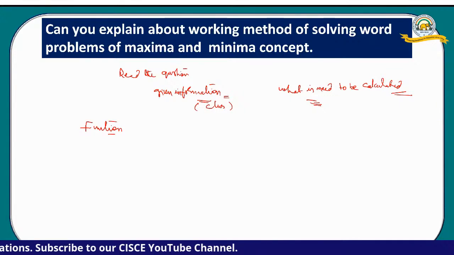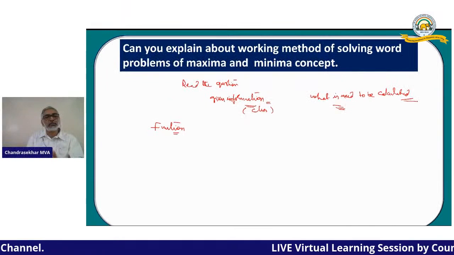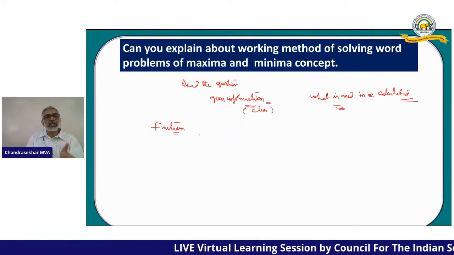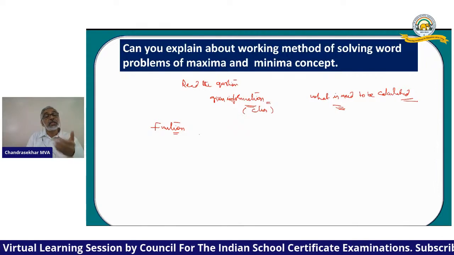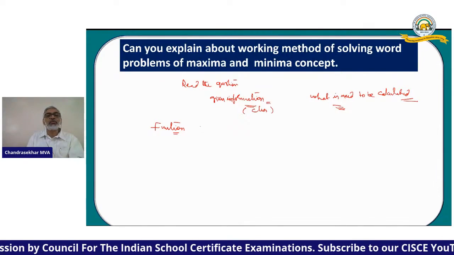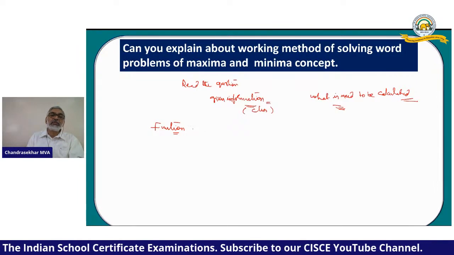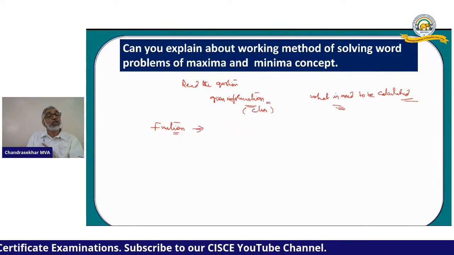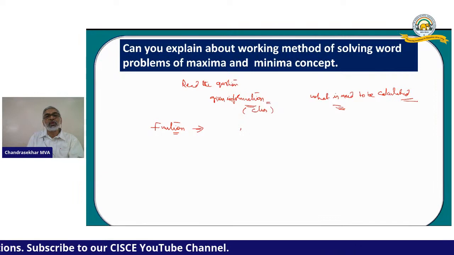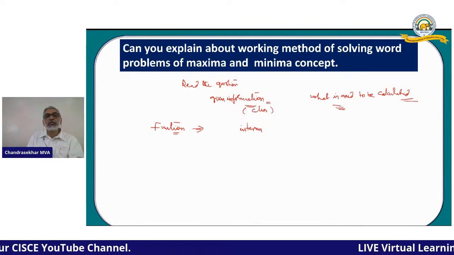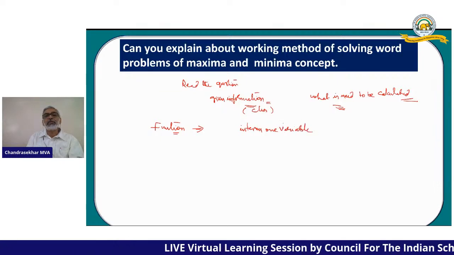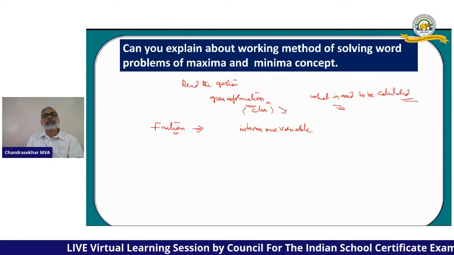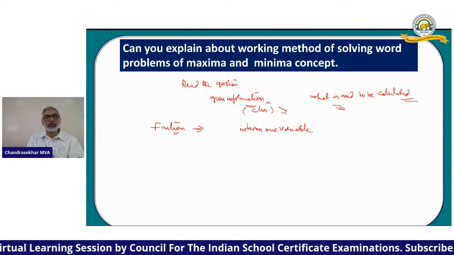How to identify the function? Verify in the problem what is maximum and what is minimum. If they say the volume is maximum, that means the function is your volume. After identifying the function, rewrite the function in terms of one variable with the help of the given information.